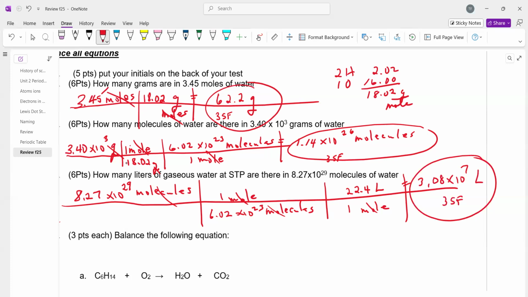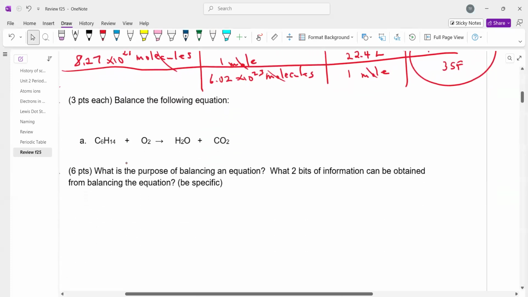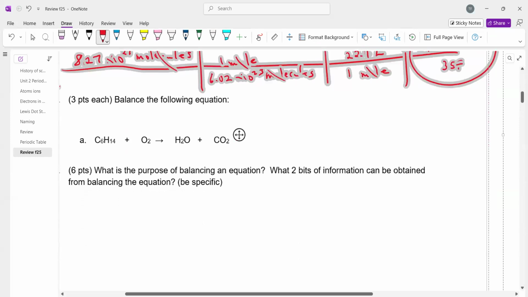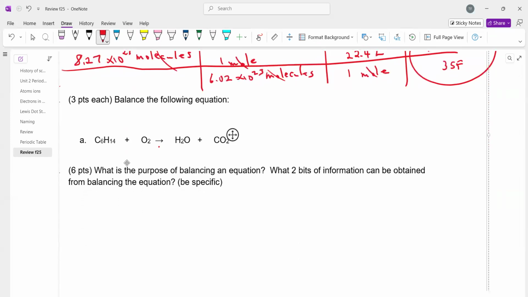All right. Balance. Okay, so we've got 6 carbons on the left, 6 carbons on the right. 14 hydrogens on the left, 14 on the right.